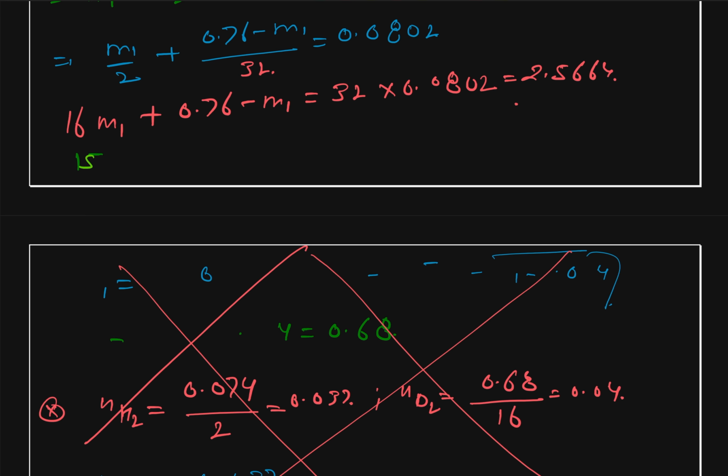So we have 15m1 will be equal to 2.5664 minus 0.76, and we get this as 1.8. Therefore our m1 will be equal to 1.8 upon 15, which gives us 0.12 grams. Now it is correct.